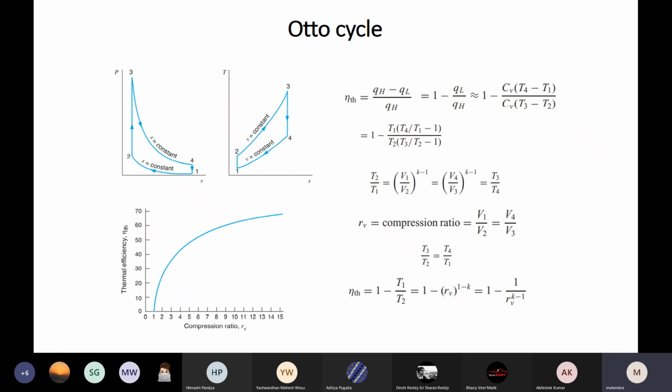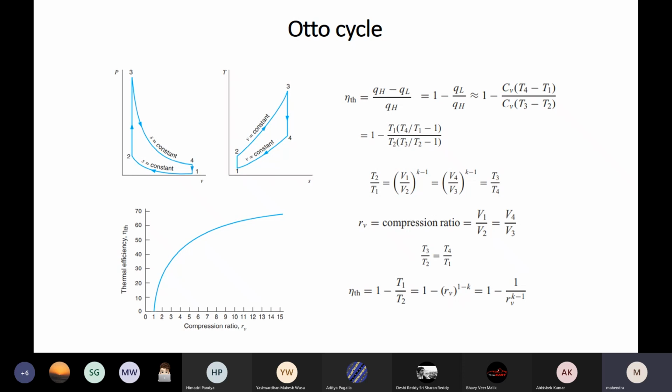You see here, what it explains is the compression ratio. With increasing compression ratio, the efficiency is increasing. But let's observe a point over here. Here it is increasing at a rapid rate, and here it is almost a flat curve. Compression ratio means sucking at 1 atmosphere and compressing to, suppose, 12 bar pressure.